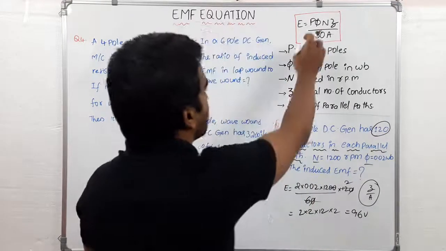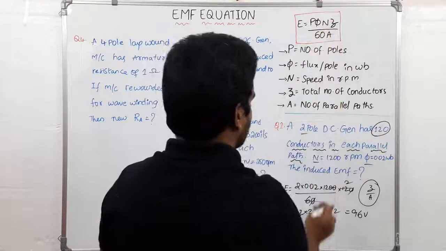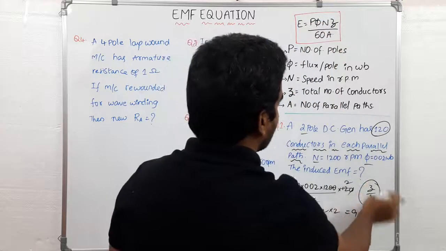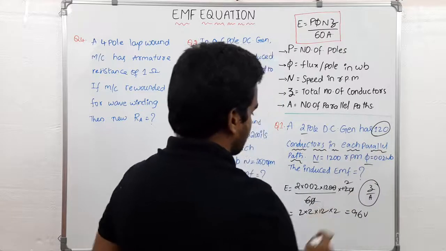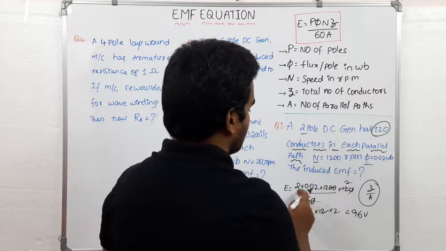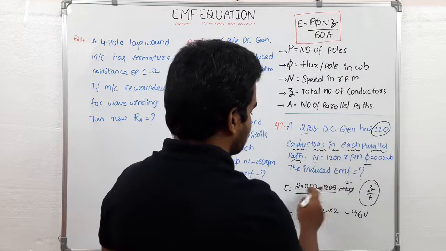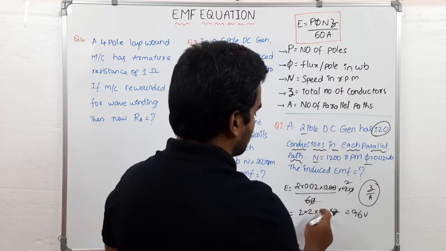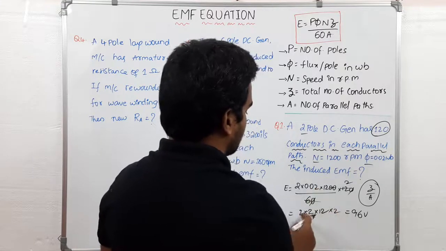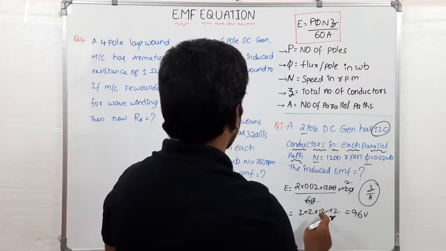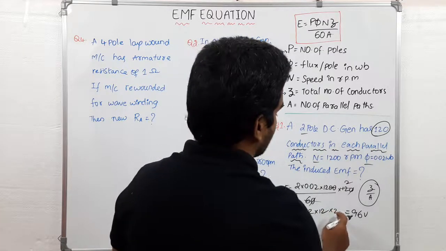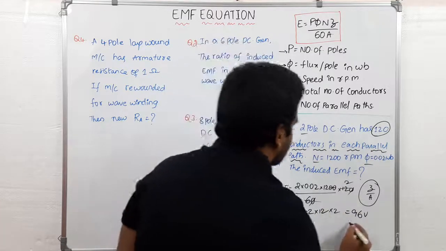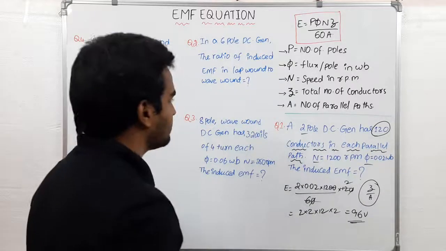We just substituted P, phi, N, 60 and the Z by A value of 120, cancelled and simplified, and we got 96 volts. This is the value of the induced EMF.